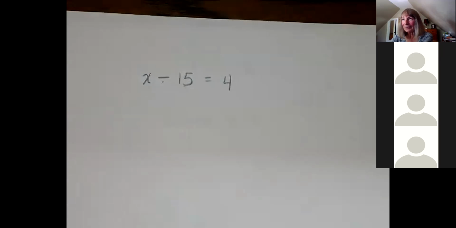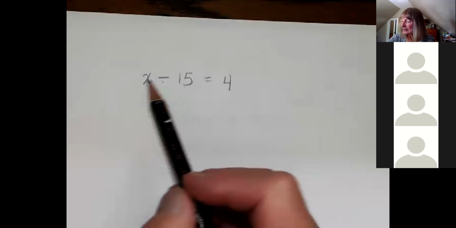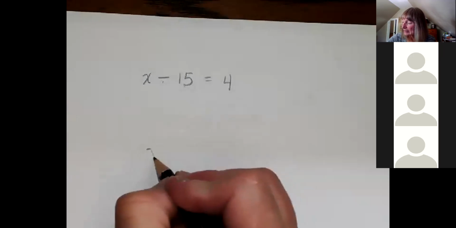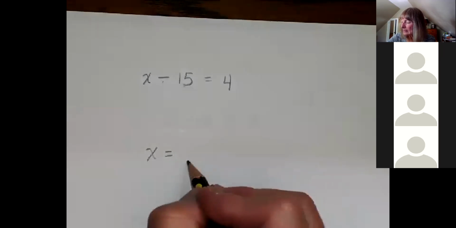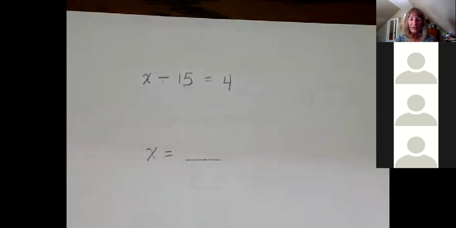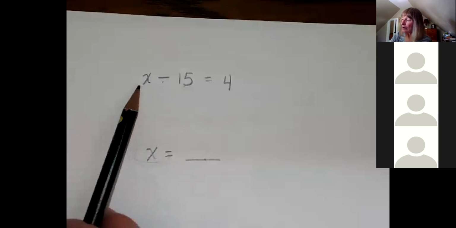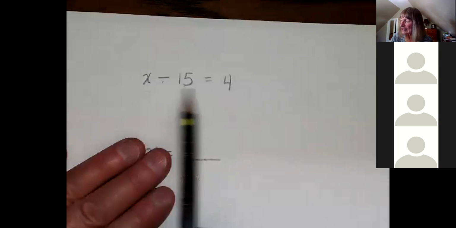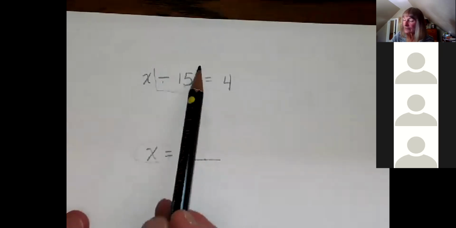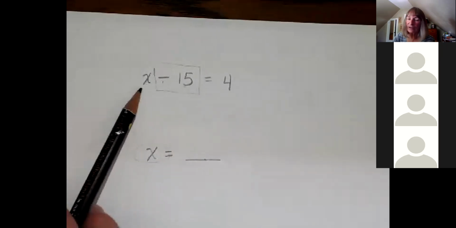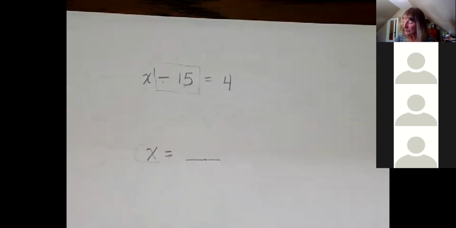I guess the way it's usually explained is what we're trying to do is get this into a form where it has X on one side and just a plain old number on the other side. That way we'll know the value for X. The issue here is that we have subtract 15 on the same side with X. And I wish subtract 15 wasn't there.